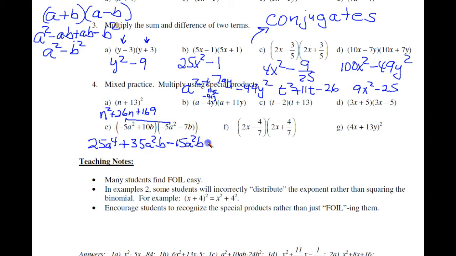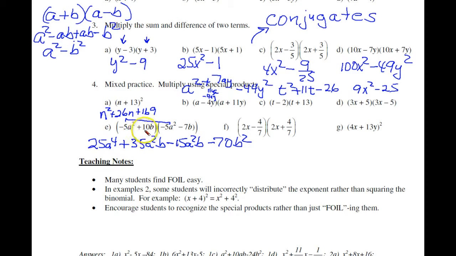And my last, a negative 70b squared. And I'm going to check myself here. Negative times negative made a positive. 5 times 5 is 25. A to the second, a to the second, a to the fourth. A negative times a negative gave me a positive 35 a squared b.